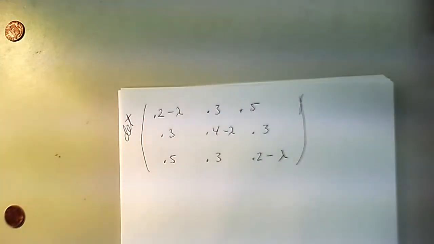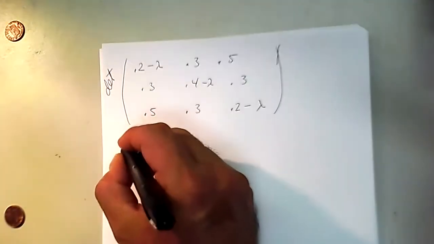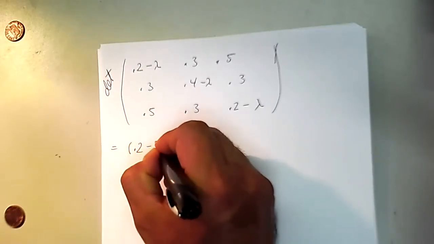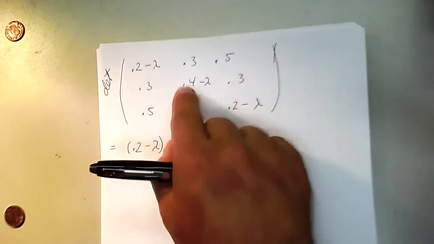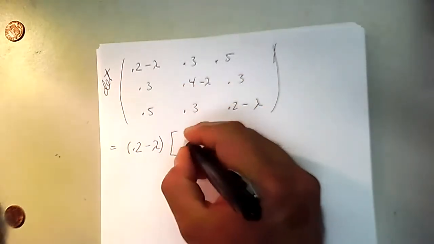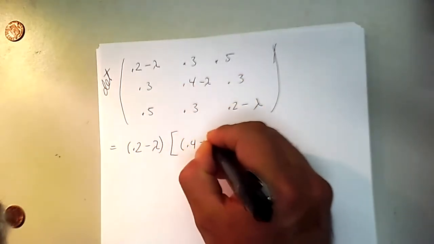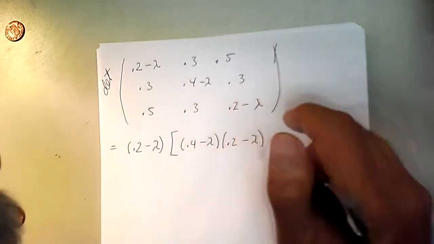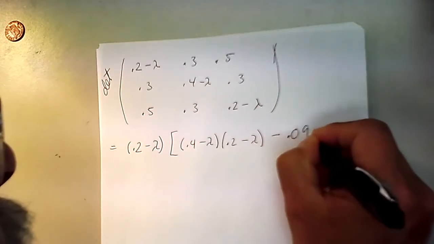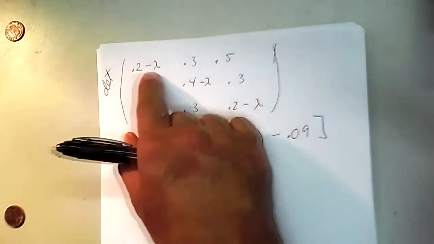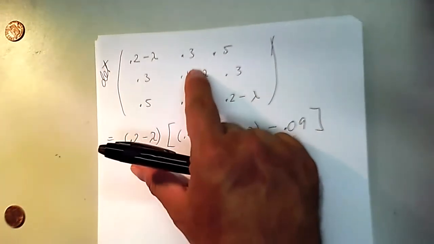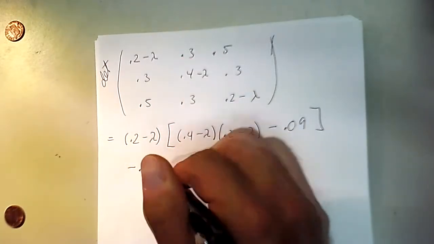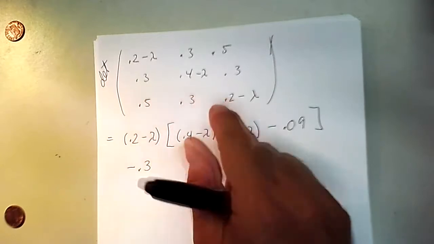And that's going to be, initially, fairly long. So 0.2 minus lambda, and then we're going to multiply with those: 0.4 minus lambda, 0.2 minus lambda, and then minus 0.09. So I'm going by this row and expanding the determinant. So minus 0.3, and then multiply those 2.